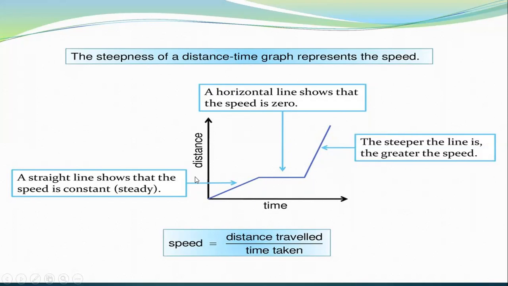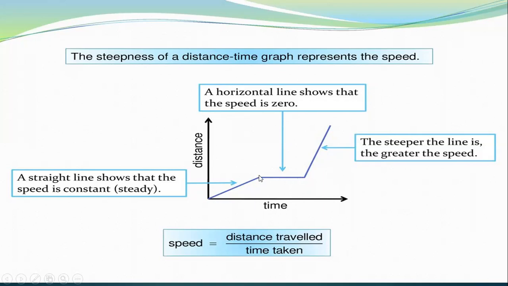Remember also that when you're talking about speed, when you see that the line is horizontal here, it means that you are not covering any distance. That means your speed is zero. Maybe you are resting.